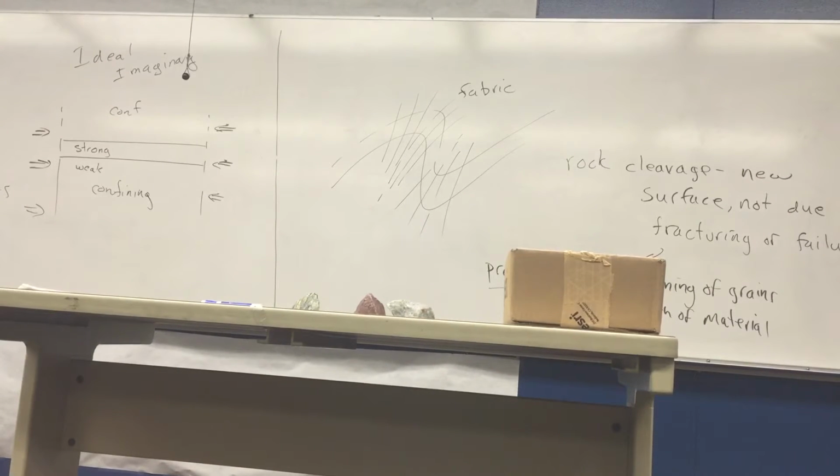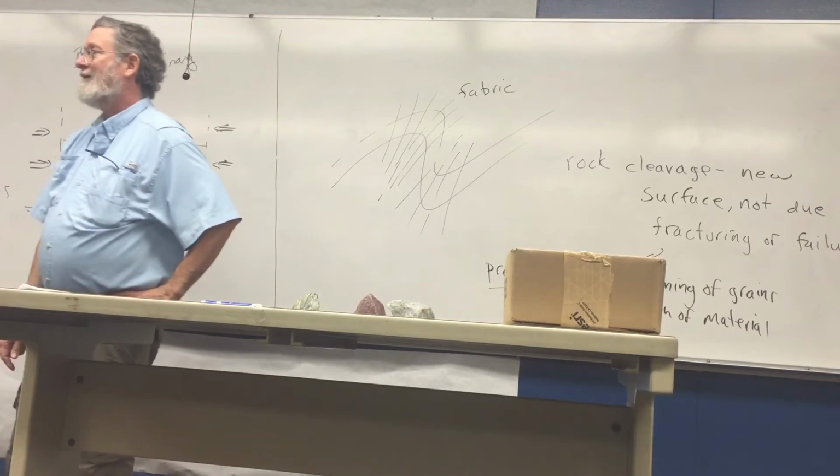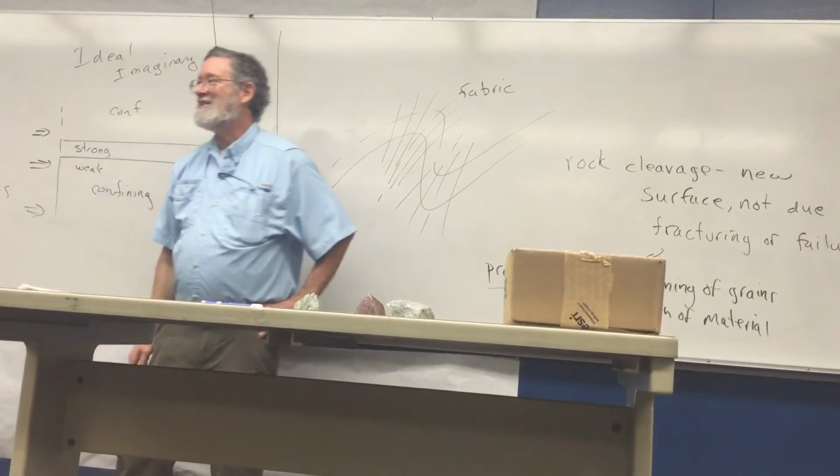Is this a slate, a schist, or a gneiss? The contents of this rock are feldspar, quartz, biotite. It's lower grade. Yeah, it looks nice, and so it's a gneiss.